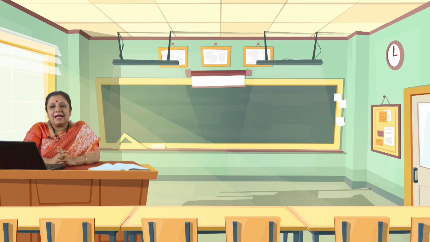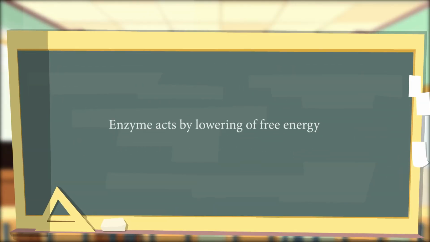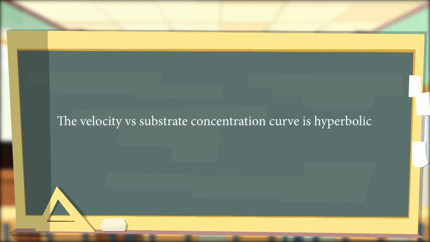So students, I have discussed general enzyme kinetics as well as inhibition kinetics. Enzymes act by lowering free energy or activation energy. There is a particular relation between the velocity of the reaction and substrate concentration.